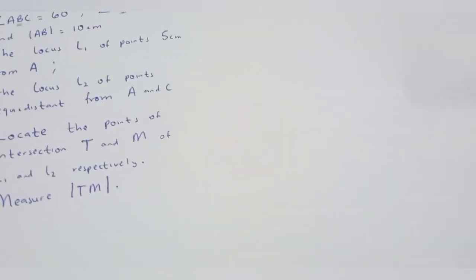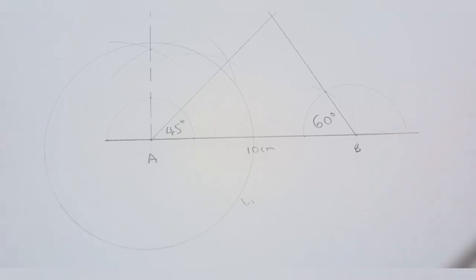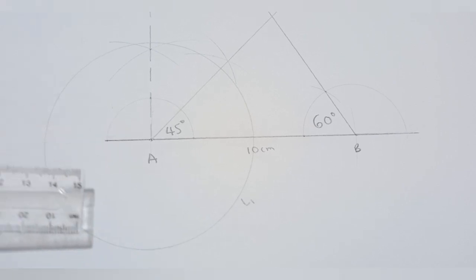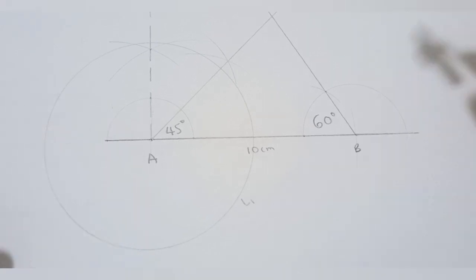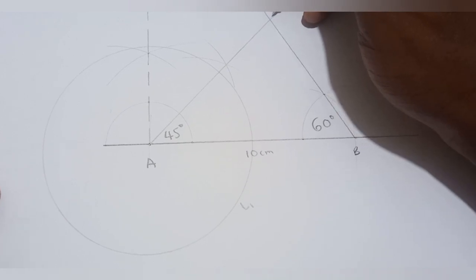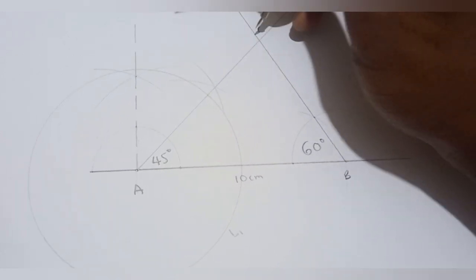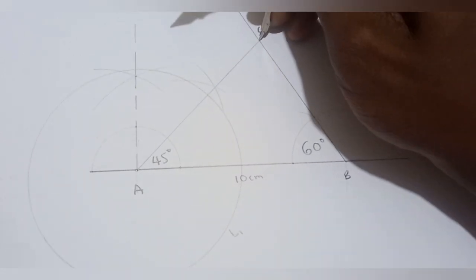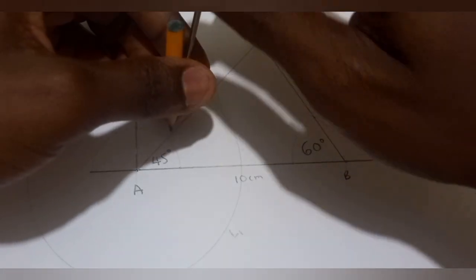So the next one is the locus L2 of points equidistant from A and C. That means you are bisecting this line AC. So pin at C, open more than half.